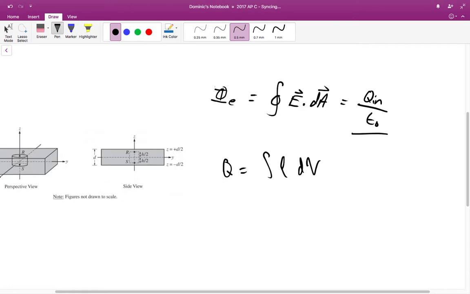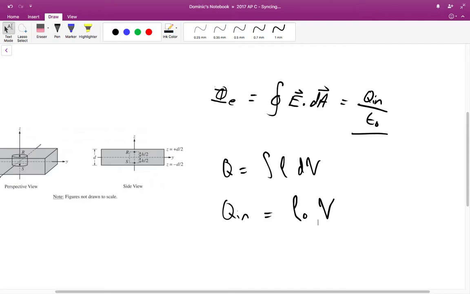But rho is a constant in this case, so our total charge Q inside is going to equal the volume charge density, rho naught, times the volume, V.